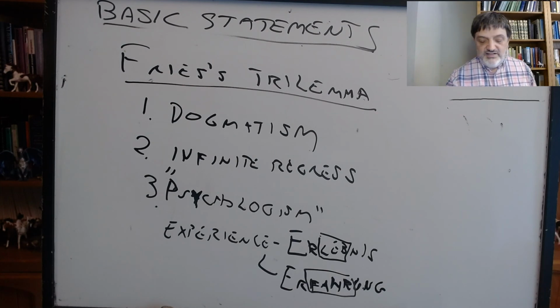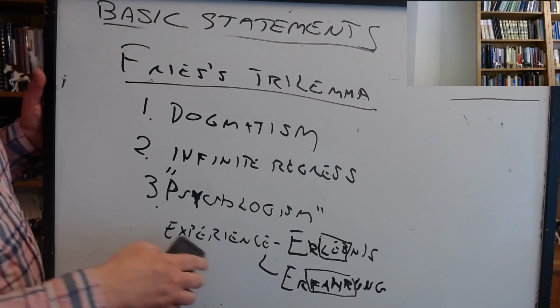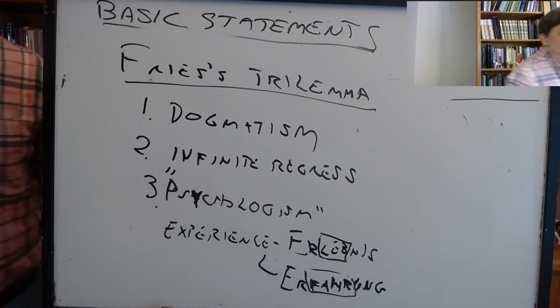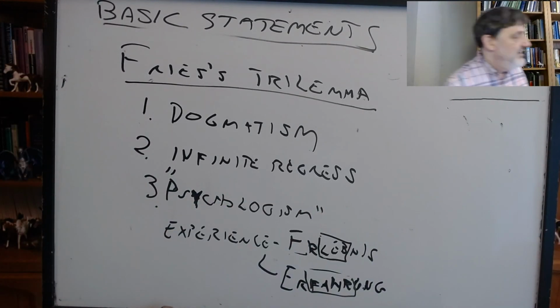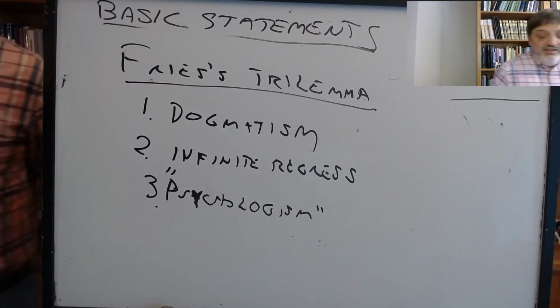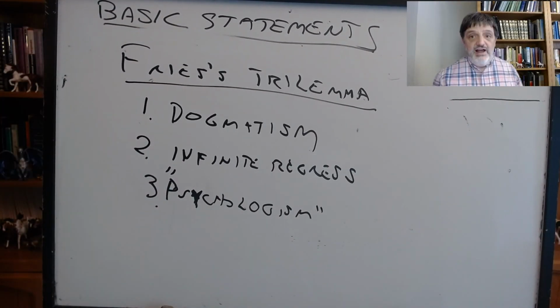But when he's talking about experiences as something that implies psychologism, he's talking about these passive experiences. So this is psychologism because I'm saying that rather than depending for its justification on some action of finding things out that I have to do, it depends for its justification on something that happened to me.